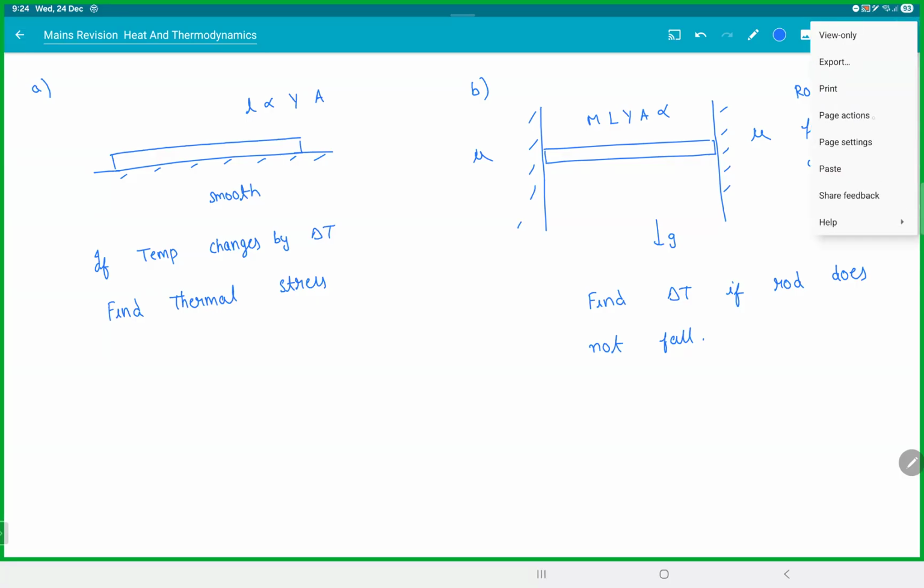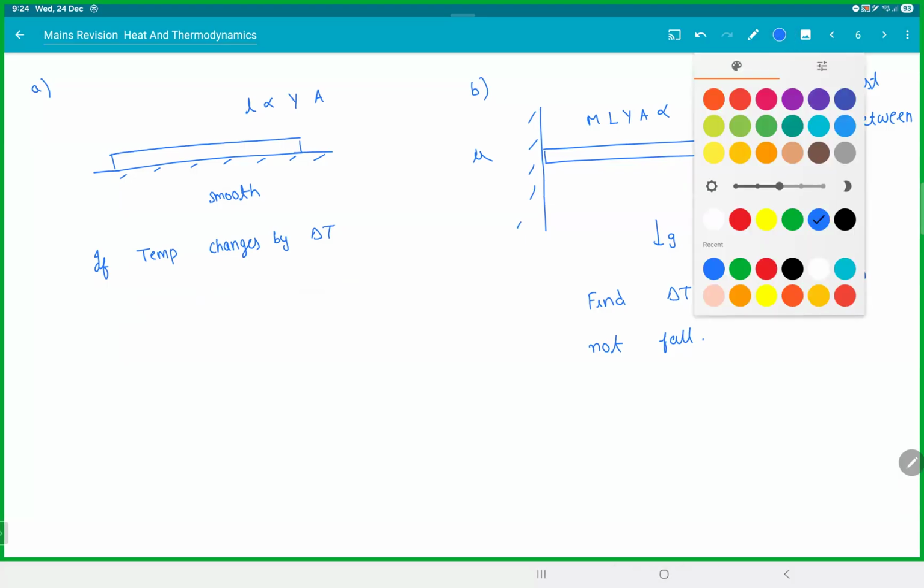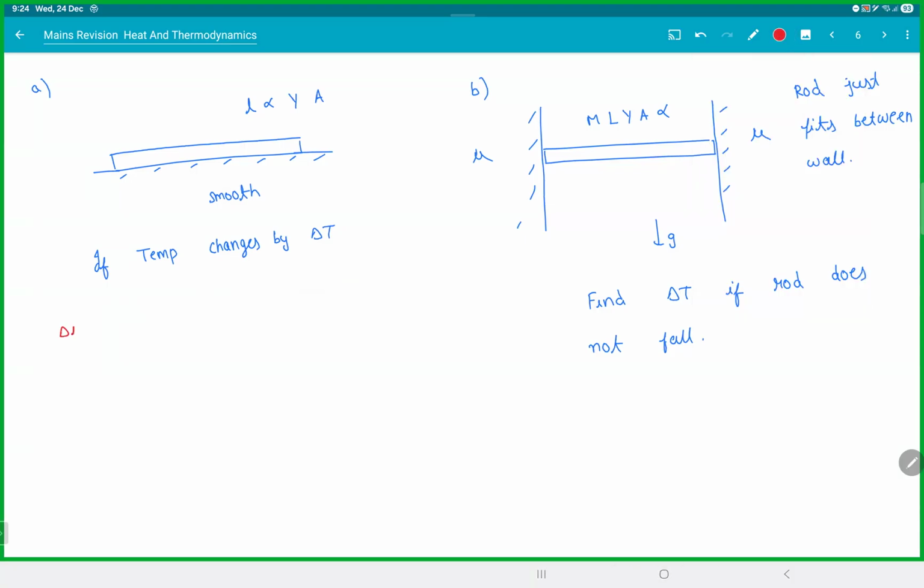Let's see the first one. So understand the meaning of this. When you write the formula here, these are two different things. When you say delta L is L alpha delta T, and when you write Young's modulus is equal to TL by A delta L, both the delta L's are completely different.